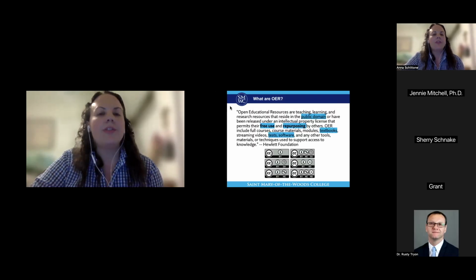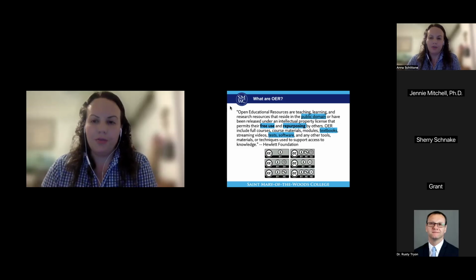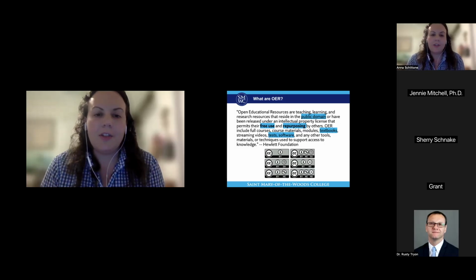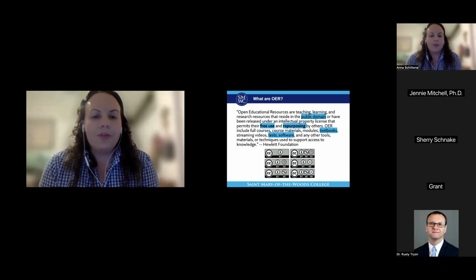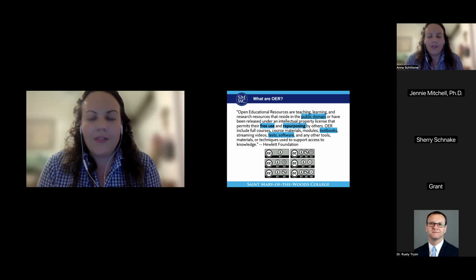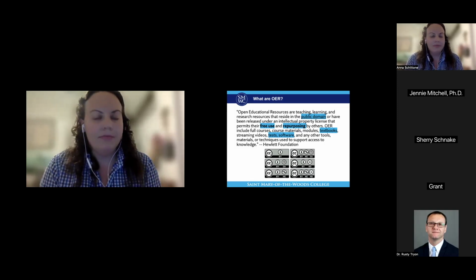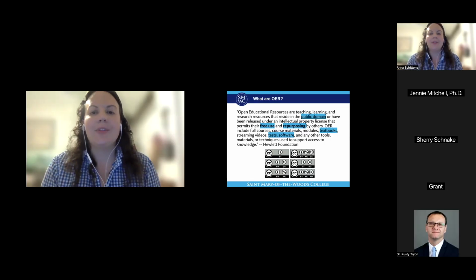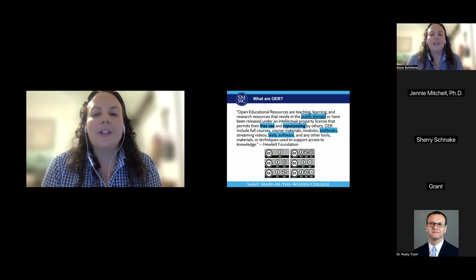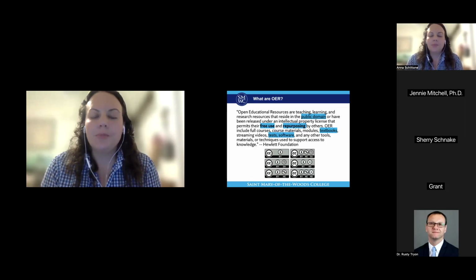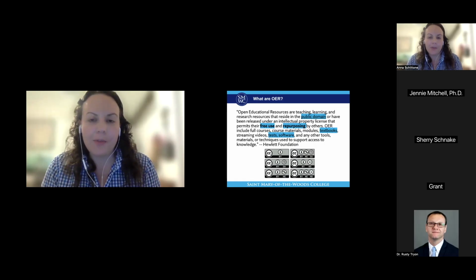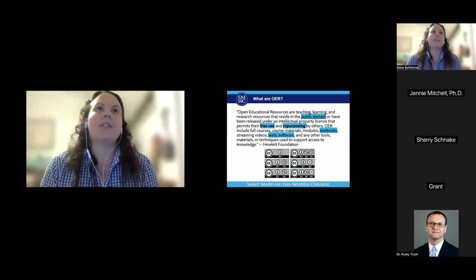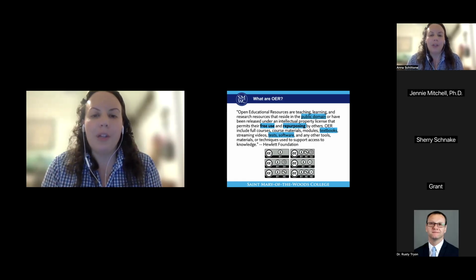So first, what are open educational resources? This is a great definition from the Hewlett Foundation that has funded a good chunk of open educational resource development. We will be speaking about textbooks, in terms of that's what they function to replace, right?